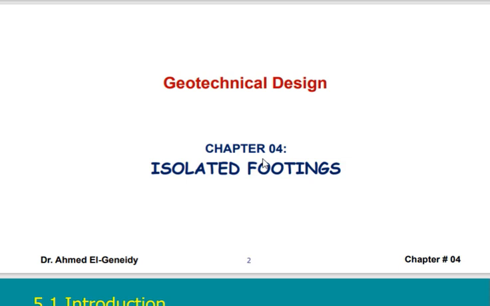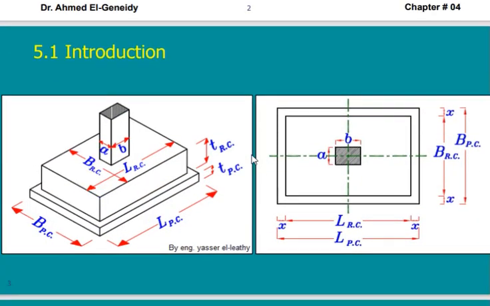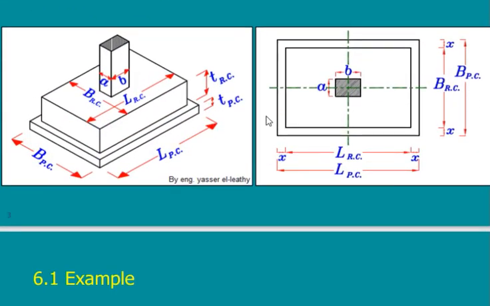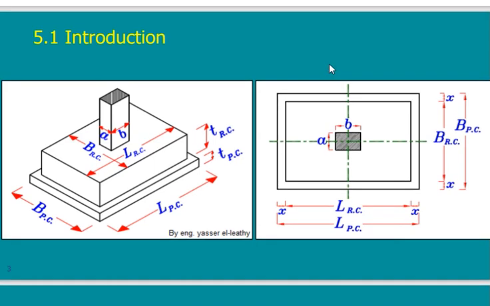What is an isolated footing? It is a shallow foundation where I have one footing for each column, or one column for each footing. And we studied how to design this type for a case of normal force.